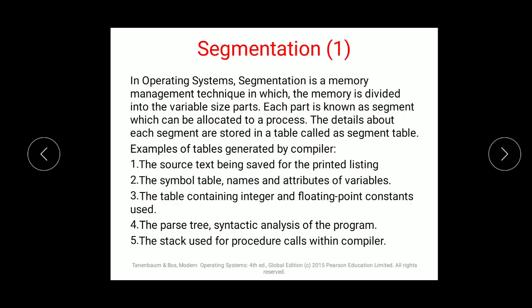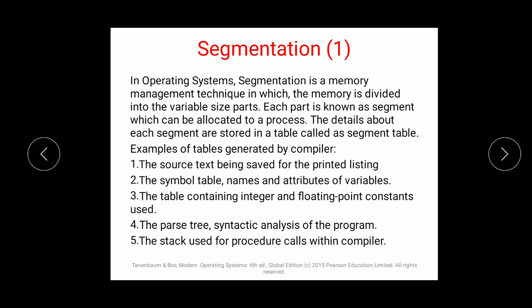Next is segmentation. In an operating system, segmentation is a memory management technique in which memory is divided into variable size parts. Variable size segments means what? We divide it into parts so that each part is known as a segment. For our task to be completed, we divide the data into segments which can be allocated to a process.